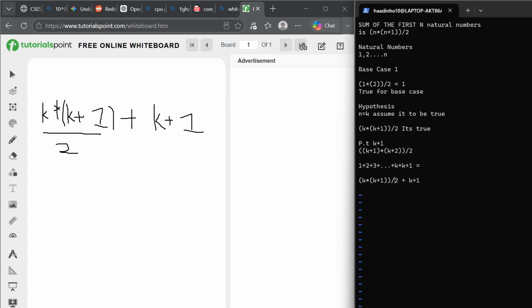So we have this denominator 2 over here, but this term has no denominator, so what I'm going to do is multiply it by 2.